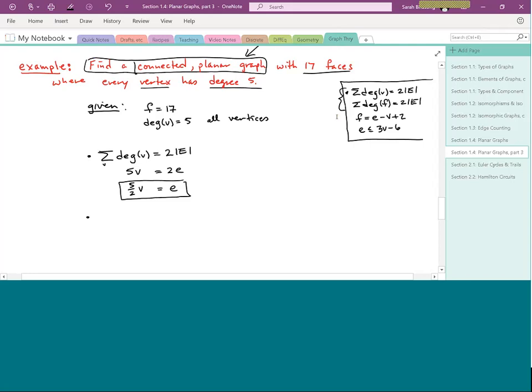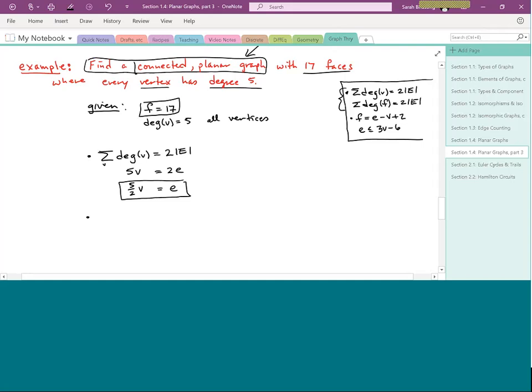Why? Because in Euler's formula, there are three unknowns. We're looking at faces, edges, and vertices. So while we're given just the number of faces up here, we can't solve for two unknowns in one equation. So you have to use a helper equation to get a relationship between the unknown number of edges and vertices. But now we're ready to use Euler's formula.